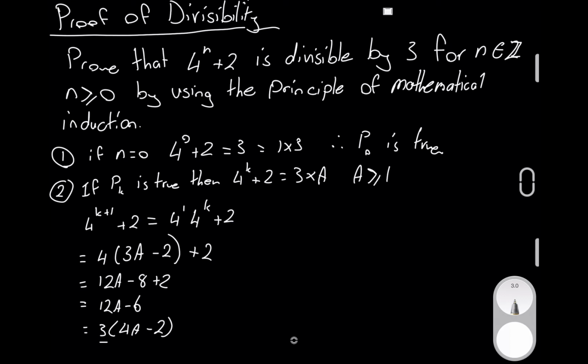So that means that 4 to the power of k plus 1 plus 2 is divisible by 3. And we've shown that because 4 to the power of k plus 2 is also divisible by 3.